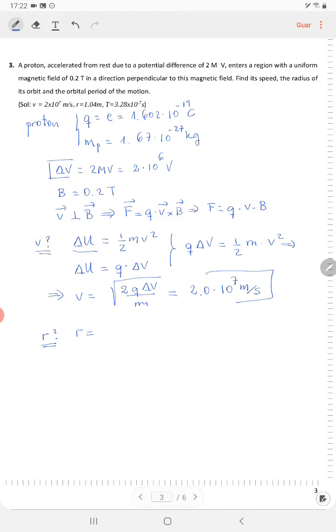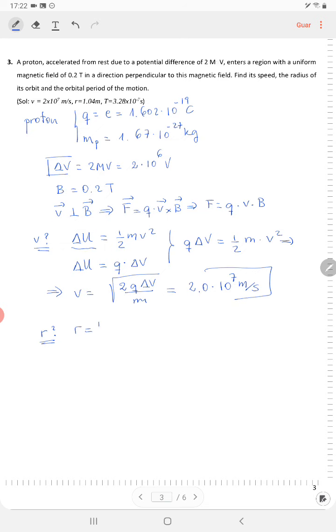And this radius, if you go back to the slides, is equal to the mass of the particle times its speed divided by its charge and the magnetic field applied perpendicular. So we have all the data we need. We know the mass of the proton, we know the charge of the proton, and we just found out the speed of the proton. And the magnetic field is 0.2 Tesla. So if you do this, you can find that this is 1.0 meters.